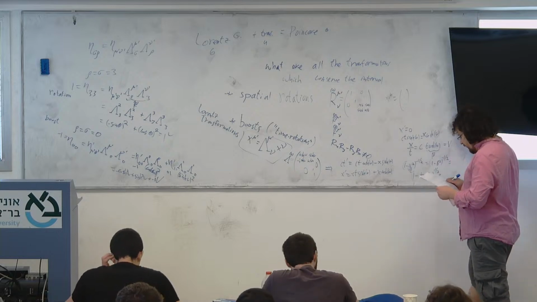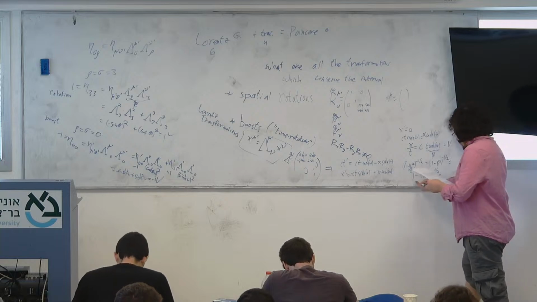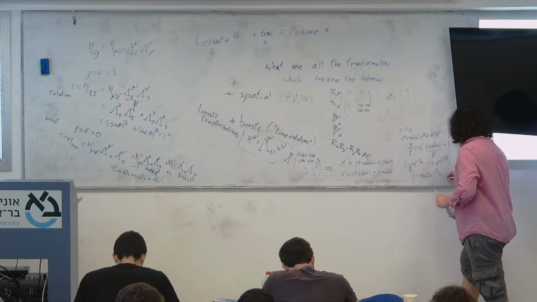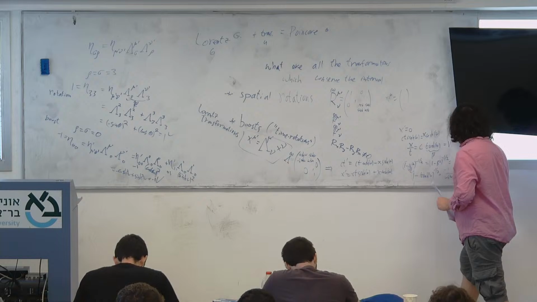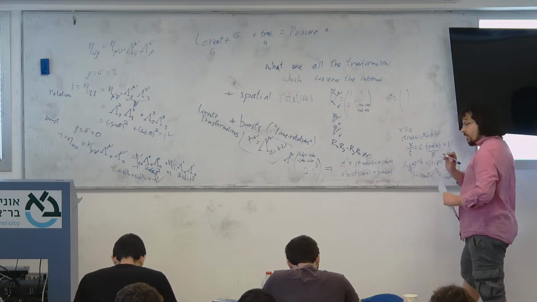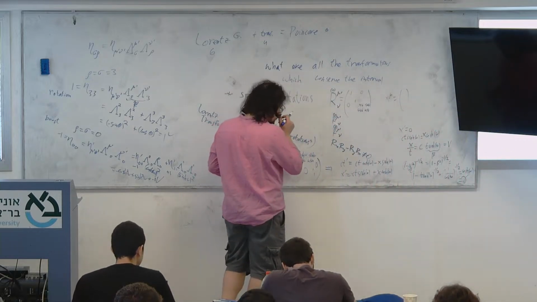We have an identity that tells us that this is just 1 over hyperbolic cosine squared of omega to the minus half. That's just cosh omega, which you know as gamma. So that's the relation to what you know.